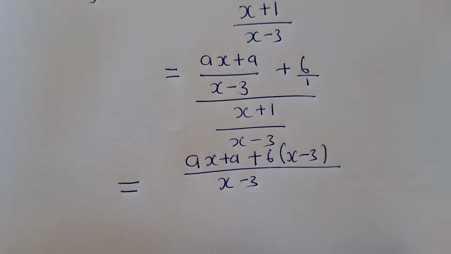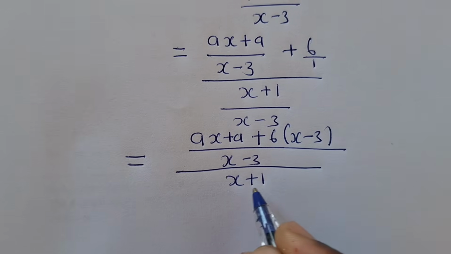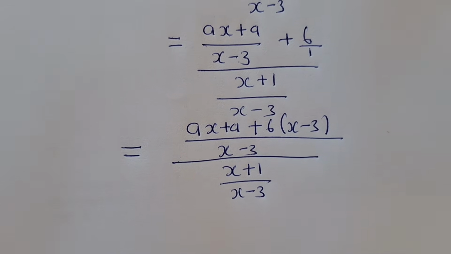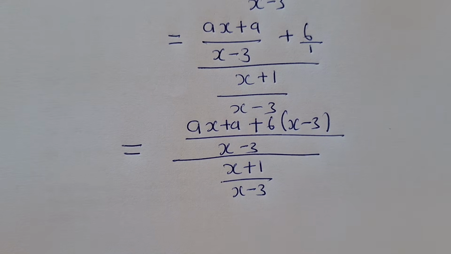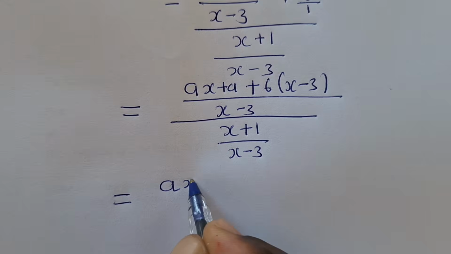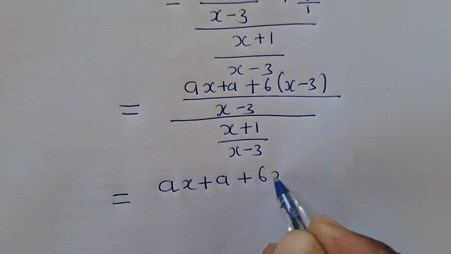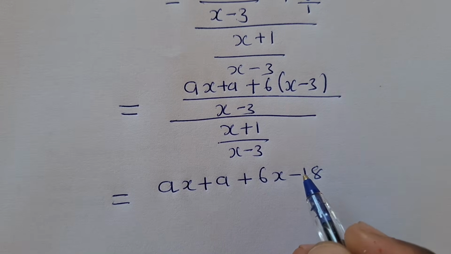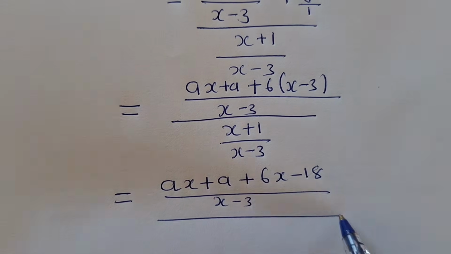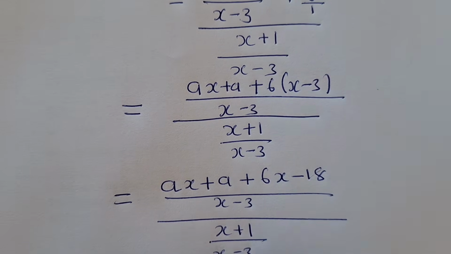And then we shall say everything over (x + 1)/(x - 3), which is the denominator. So we simplify further. We shall say ax + a + 6x - 18 over x - 3, over (x + 1)/(x - 3).